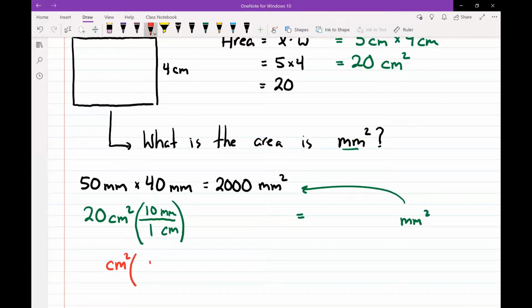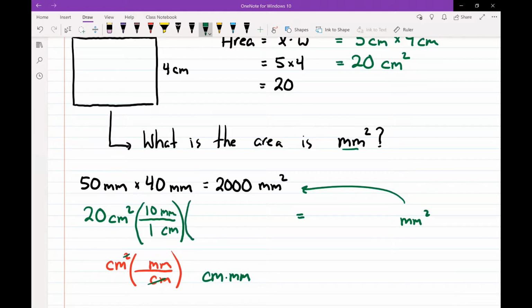So if you just did centimeters squared times millimeters over centimeters, then one of the centimeters from the top would go away, and you would get rid of the centimeters on the bottom. But you still have a centimeters on top. So you'd have centimeters times millimeters, which actually is centimeters millimeters. Okay, so that is not looking good.